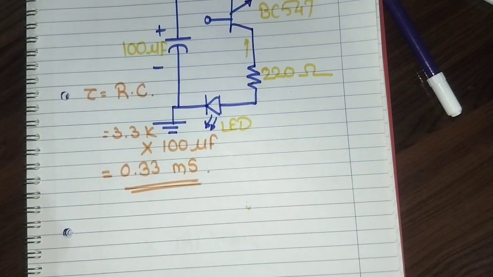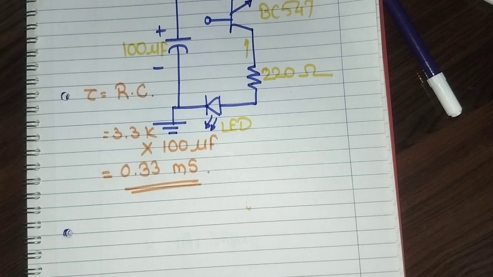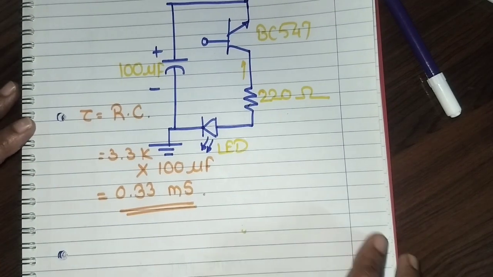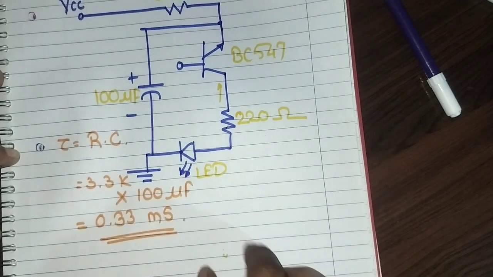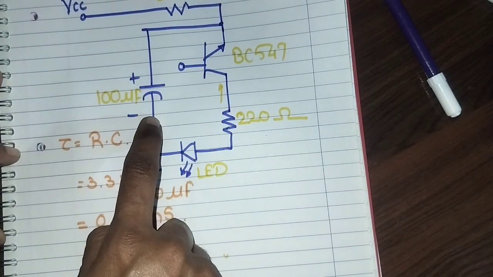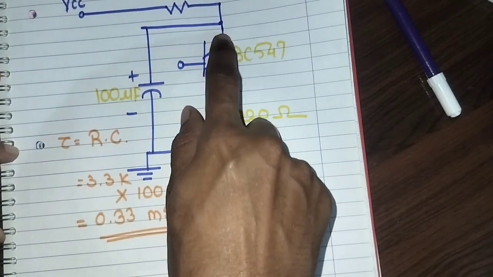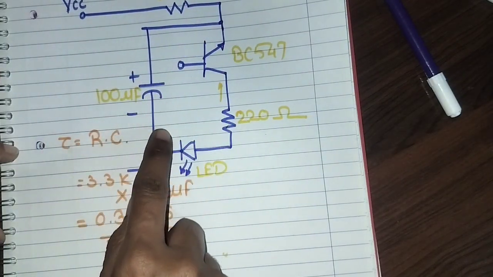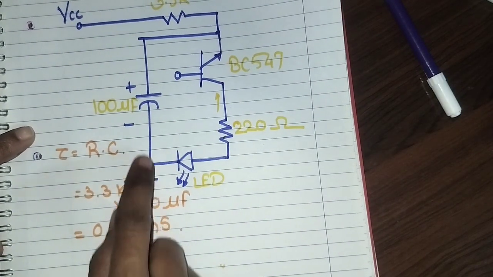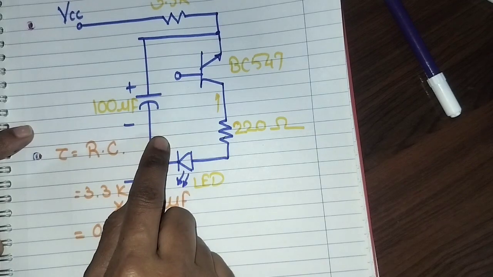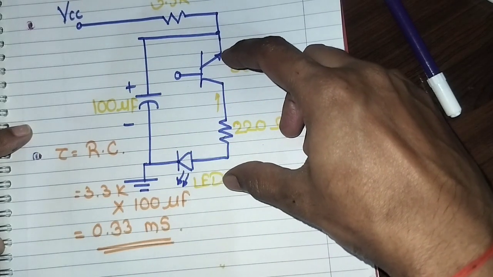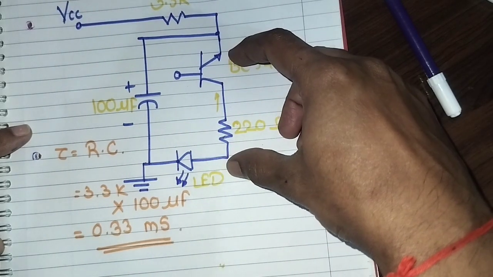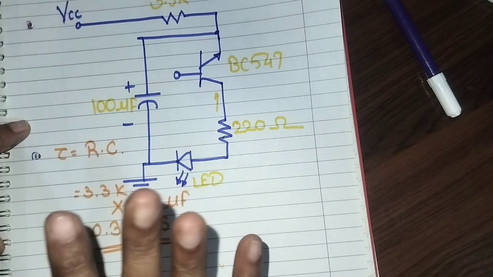So this is the time constant we are getting. If 12 volts is applied, it allows this capacitor to charge, because the transistor is working as an open circuit. So this will allow the capacitor to charge, and when the capacitor is charging, there is no voltage across the LED, so the LED is in the off state.